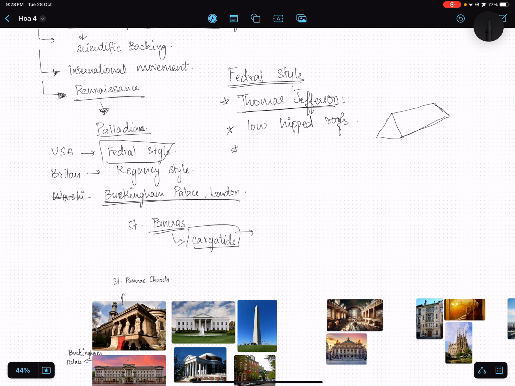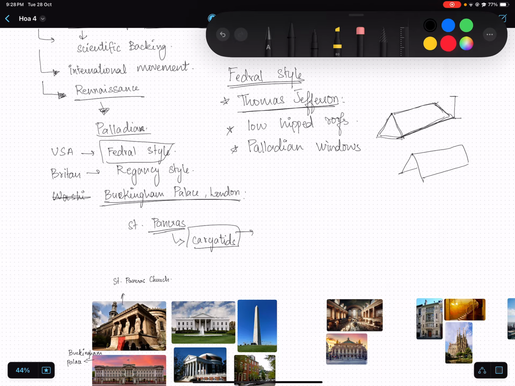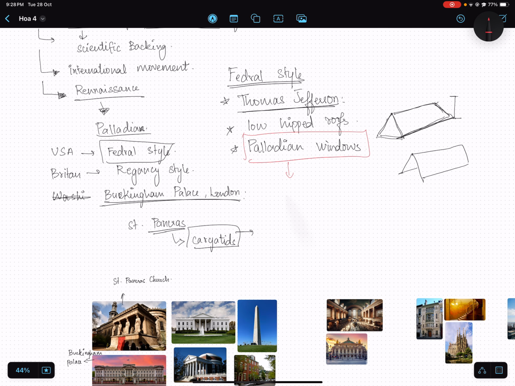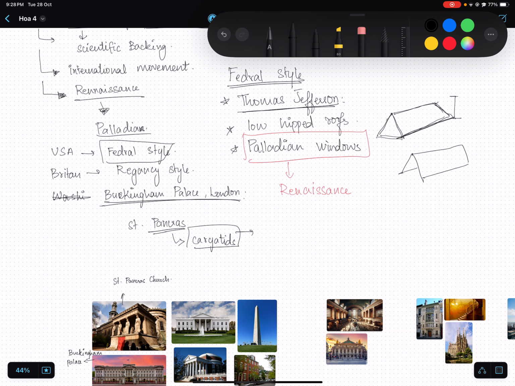Okay, so a gable roof is this, while a hipped roof is this, and they had really low height. So this height was very low. Then they had Palladian windows. Now Palladian windows began in the Renaissance period, but they were also commonly found in the Federal style of USA.